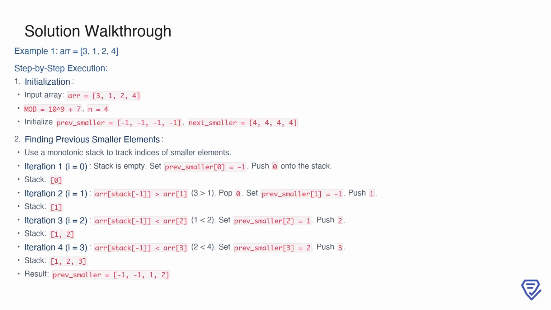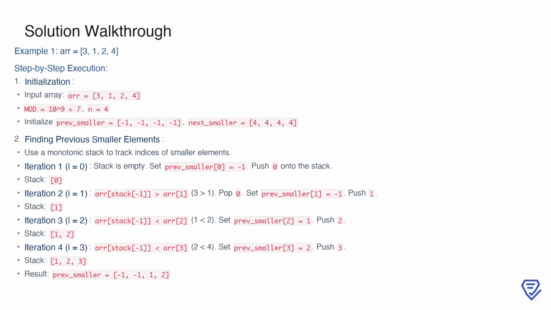Next, we calculate the prev_smaller array to find the closest smaller element to the left for each index. Using a monotonic stack, we iterate through the array. For i equals 0, the stack is empty, so prev_smaller[0] remains -1. We push 0 to the stack. At i equals 1, since arr[stack[-1]] is greater than arr[1], we pop 0 from the stack, set prev_smaller[1] to -1, and push 1.